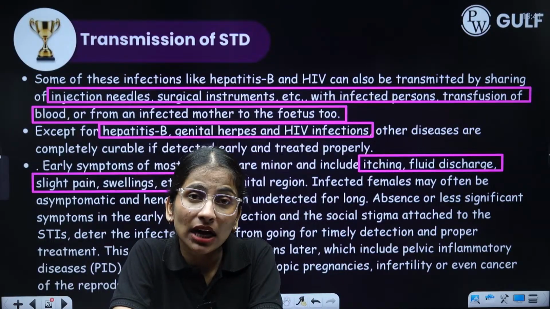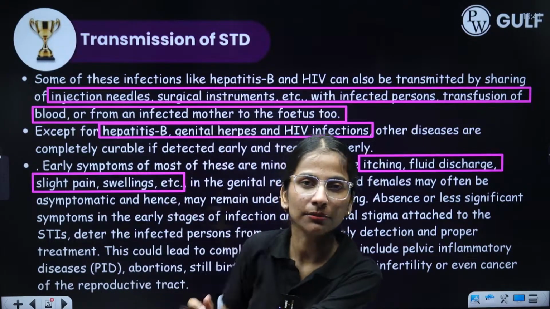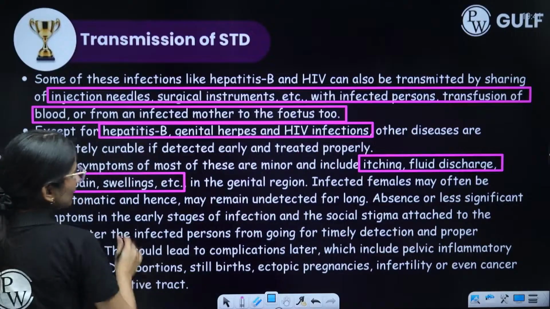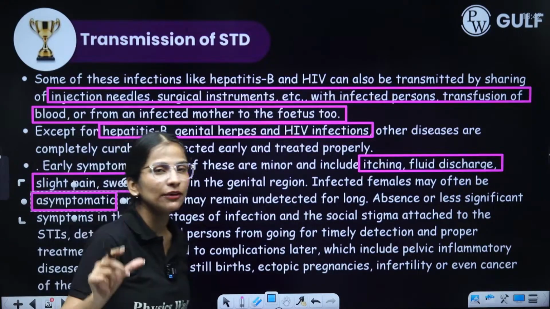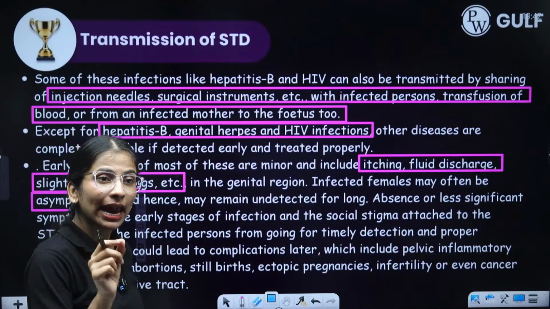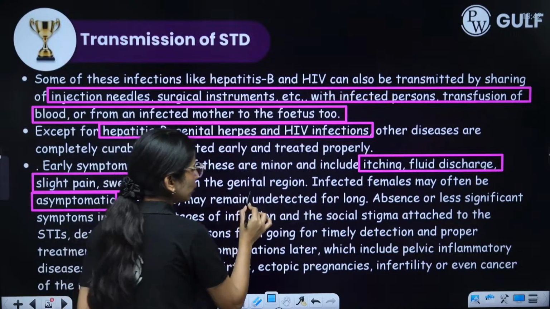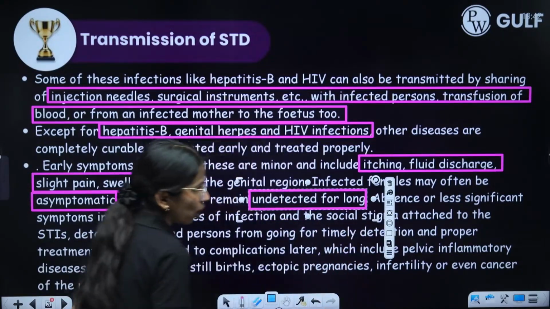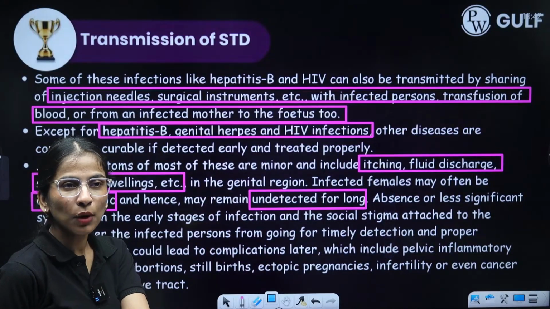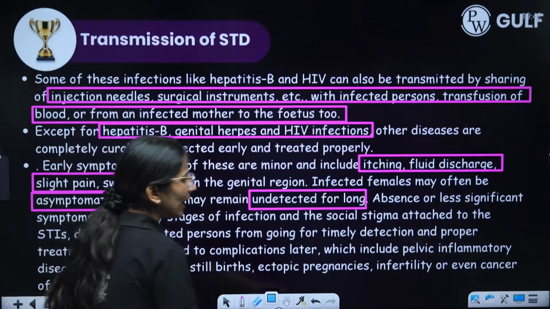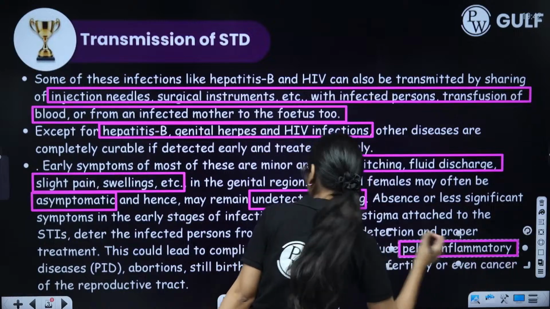Apart from that, specifically in females, what symptoms can we see? First of all, it is mostly asymptomatic, especially in females. Hence, it becomes very difficult to diagnose and goes undetected for long. What problems can it cause? It can cause pelvic inflammatory disease.